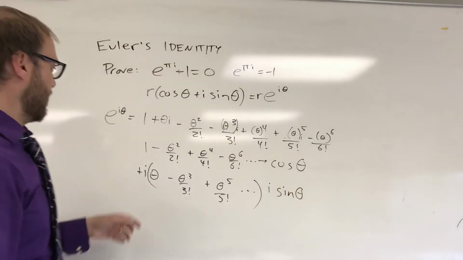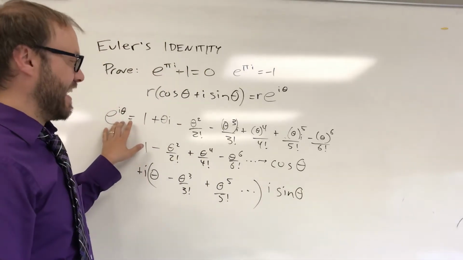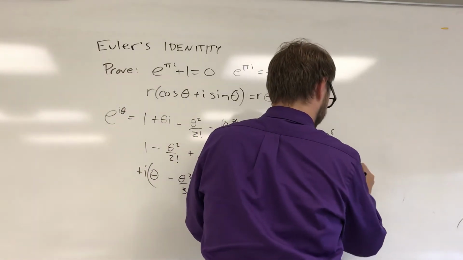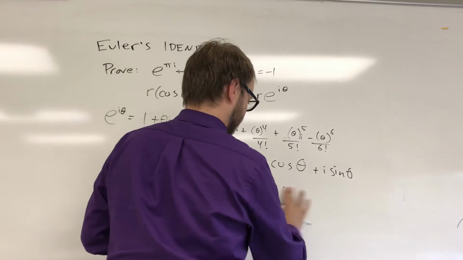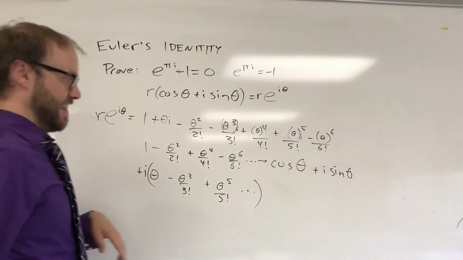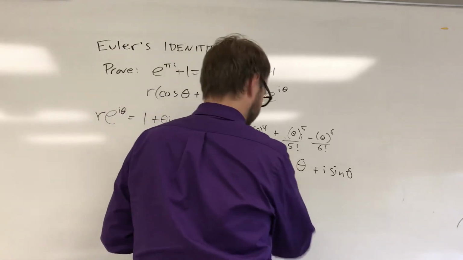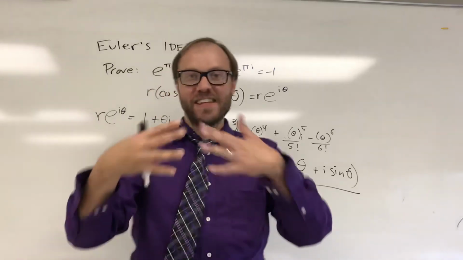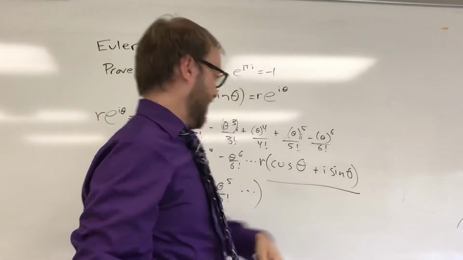And so what I have shown here is that e to the i theta is the same thing as cosine of theta plus i sine of theta, okay? And of course, if I wanted to take r times e to the i theta, I could take r times cosine of theta plus i sine of theta. So this links those two ideas, okay?